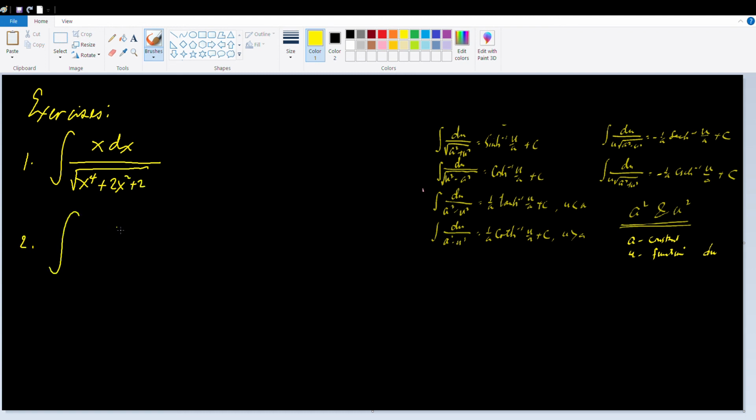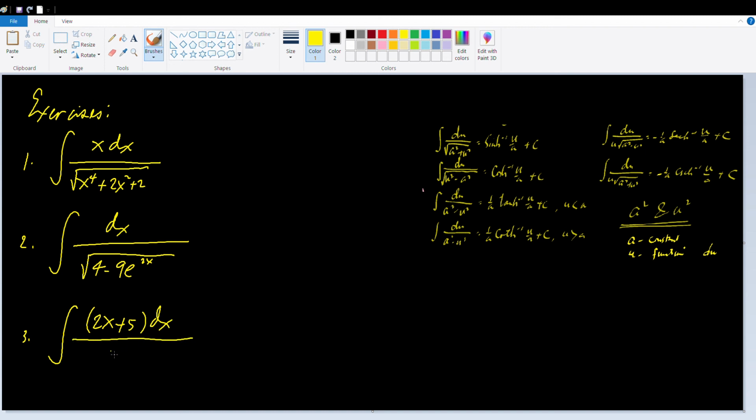Number 2: the integral of dx over the square root of 4 minus 9e to the 2x. And number 3: 2x plus 5 quantity dx all over x squared plus 6x plus 8. Okay, so work on this and then we will discuss the solution.